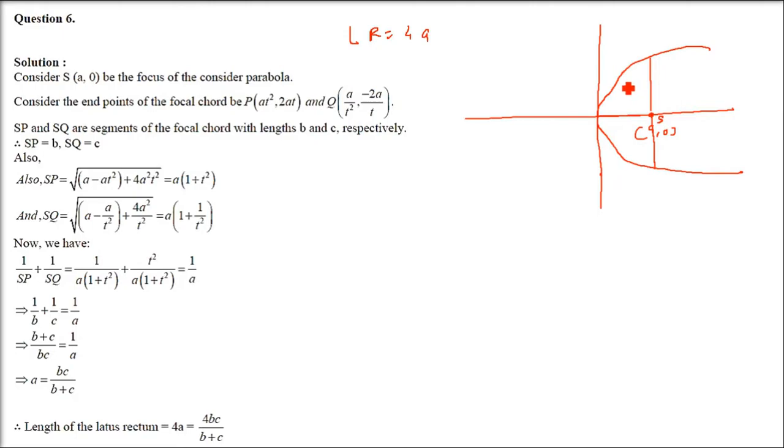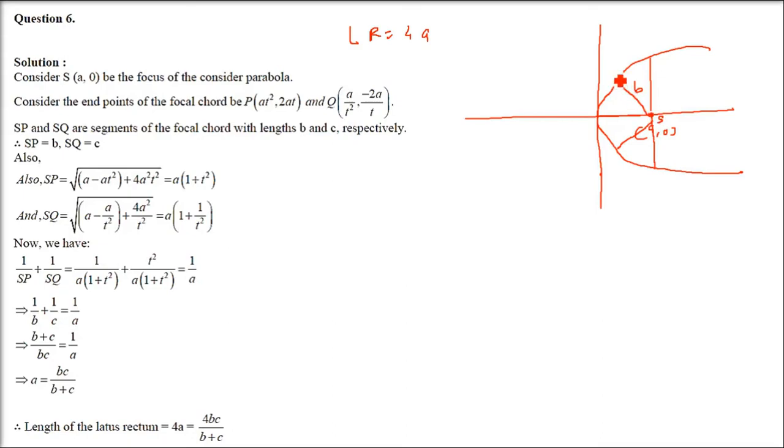You can take any point on the parabola and just draw a line from that point to the focus, and that will be the focal chord, because it will be seen as a chord. If you make a circle and join any 2 points, it will be a chord. So this is B. B can be here also, and it can be anywhere.